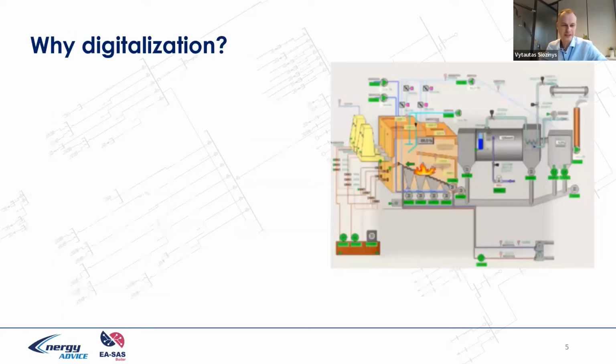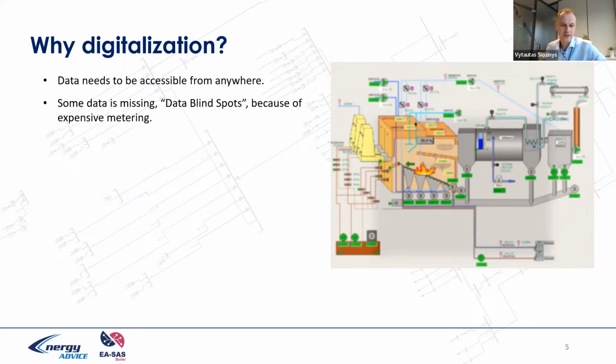So why digitalization? Why do we need this? Because data needs to be accessible from anywhere. Why do we use a cloud solution? Because we would like to have less expense on IT infrastructure and access data from everywhere. Some data is missing; we always have data blind spots because of expensive metering.